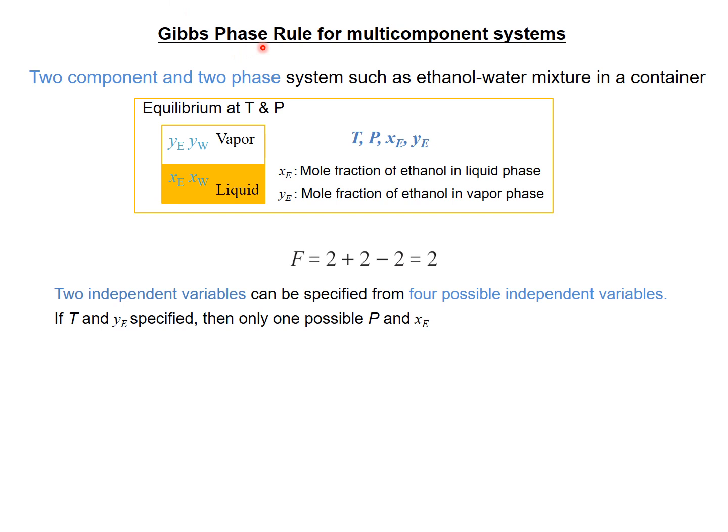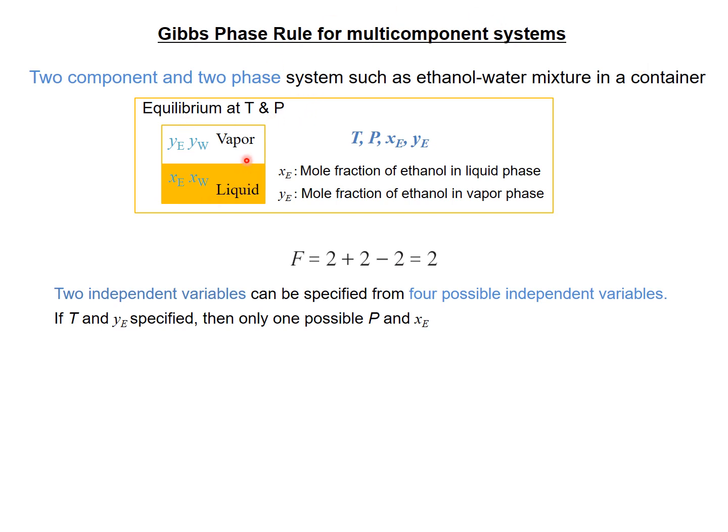Here are the multi-component systems for the Gibbs Phase Rule. So, a two-component and two-phase system such as an ethanol water mixture in a container is the situation of this slide.